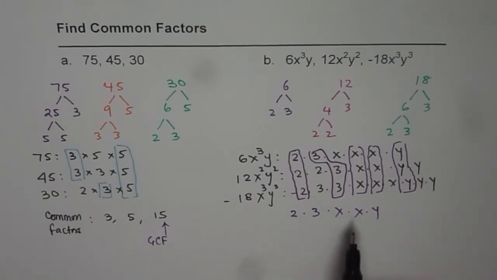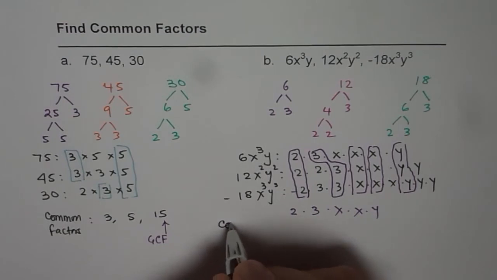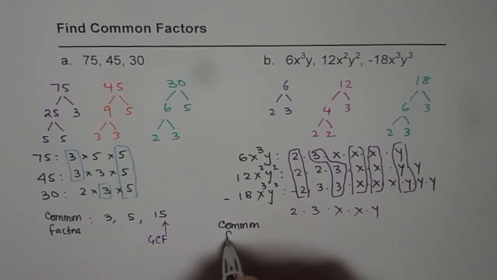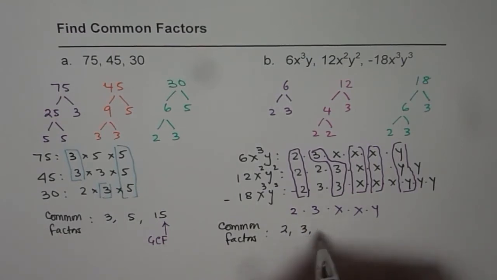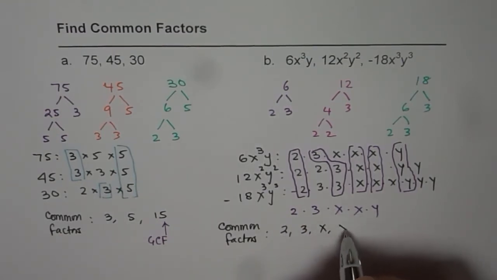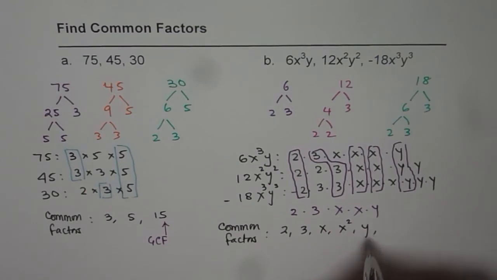So if you are trying to write down all the common factors, then the common factors are going to be 2, 3, x, x squared, y, and then you can multiply each one of these, right? 2 times 3 is 6, right?